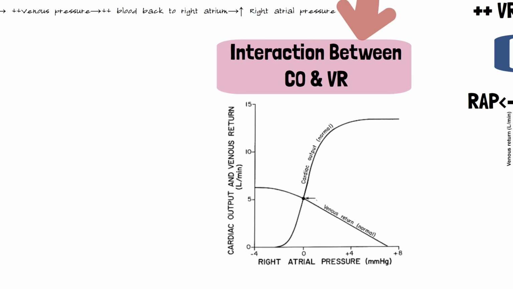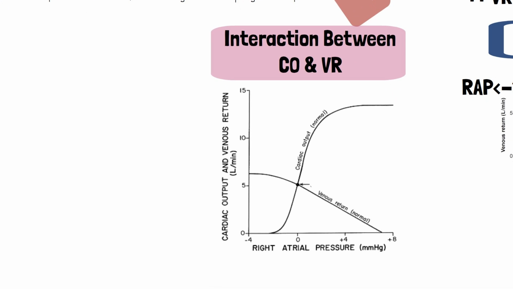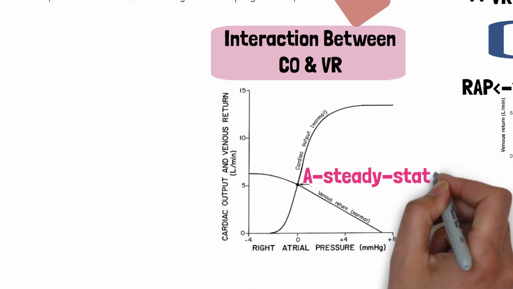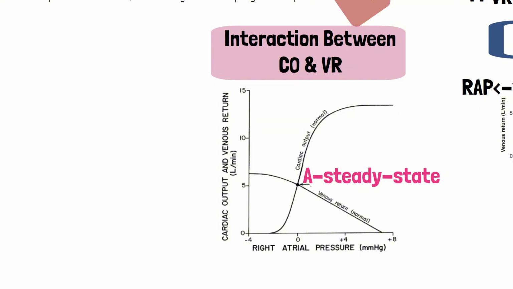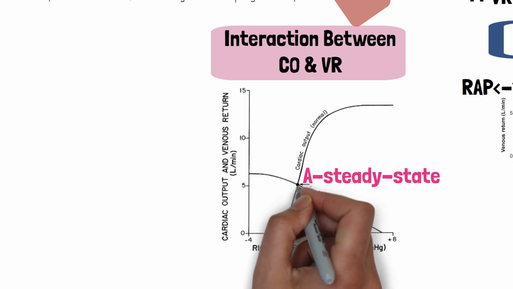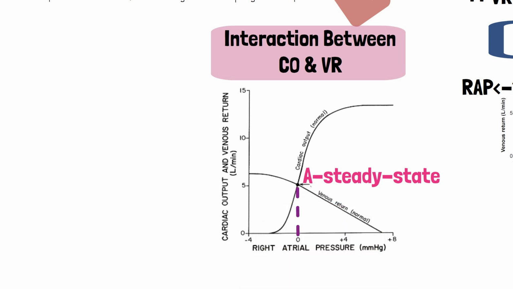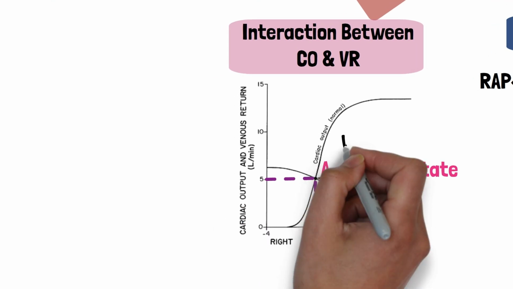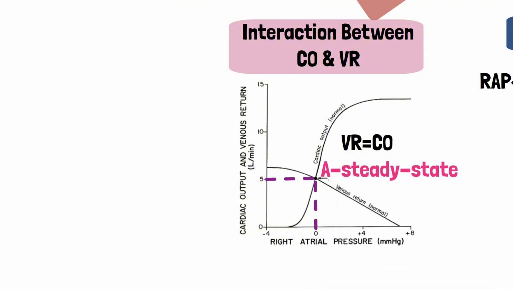If we put both of them on the same graph and see if they interact, we can find that when the curves are superimposed, the cardiac output and venous return intersect at point A, and this point A represents a steady state equilibrium, which means that the cardiac output equals the venous return, so both equal 5 liters per minute. This is when the right atrial pressure equals 0.